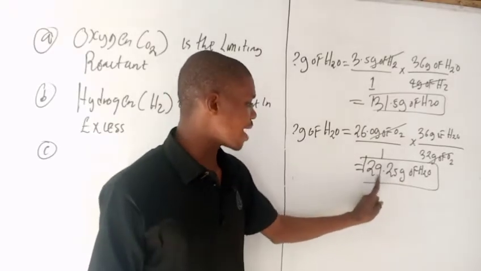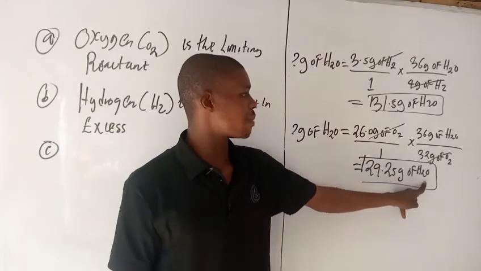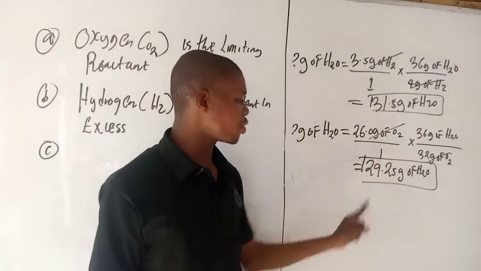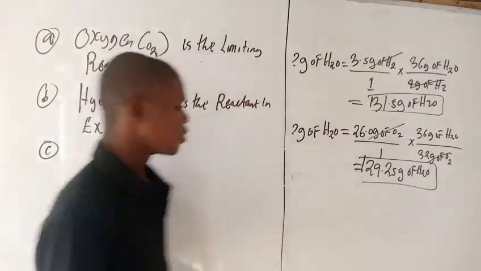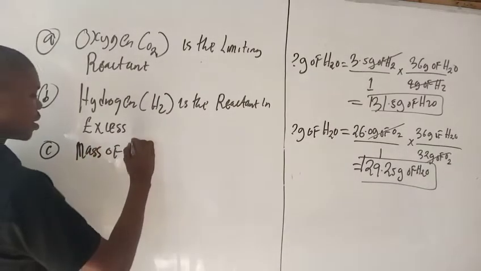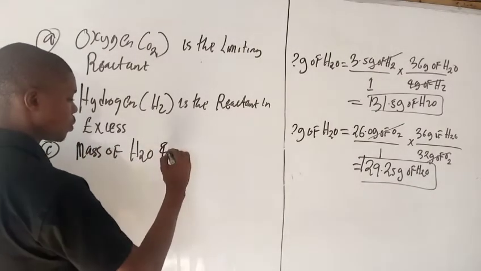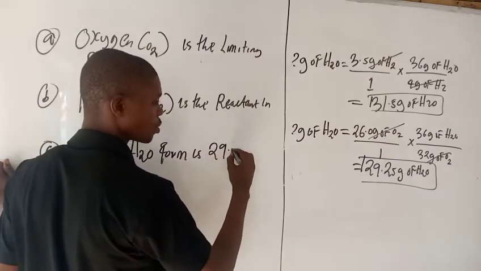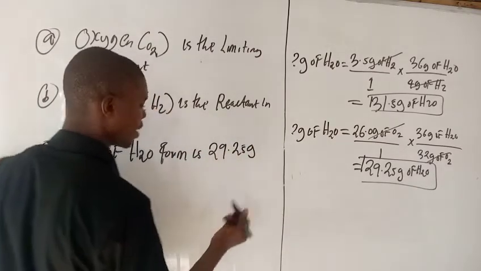So 29.25 gram of H2O is the least mass compared to the other one here, right? So the mass of water produced, mass of H2O, is 29.25 gram. You get.